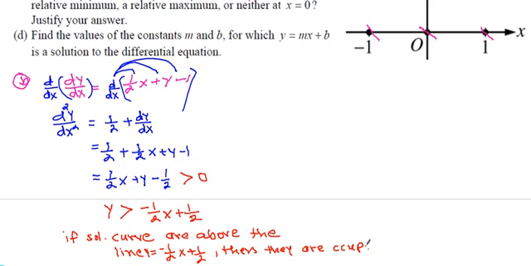Okay, let me explain one more time. We are asked to describe the solution curves which would be concave up. They want to make us the connection that concave up means second derivative has to be greater than 0. So put this second derivative greater than 0, solve for y, and we can say the solution curves are above the line. Greater than means if the curve is above this line, they are concave up.